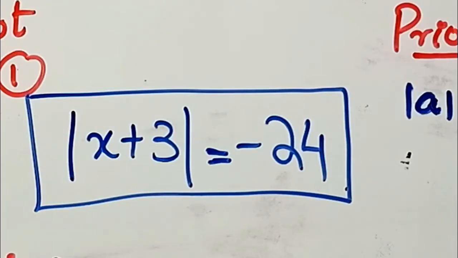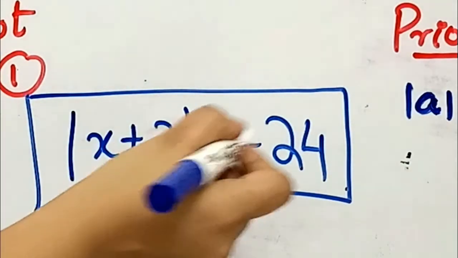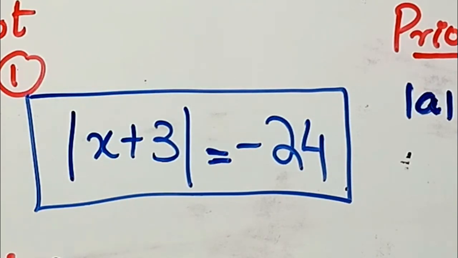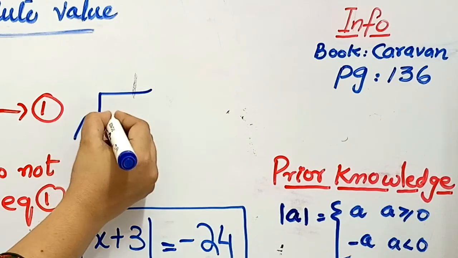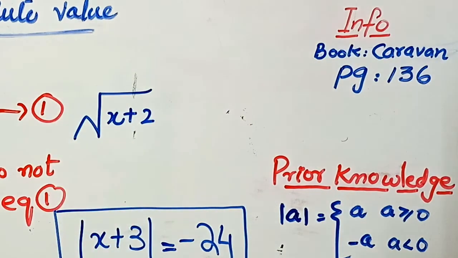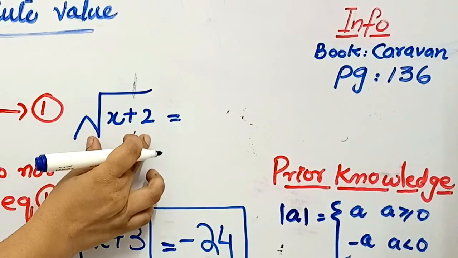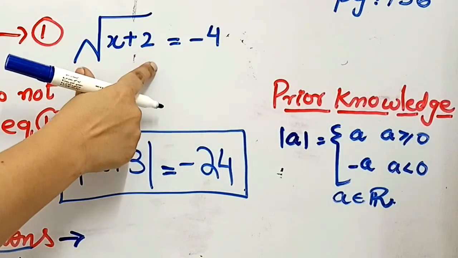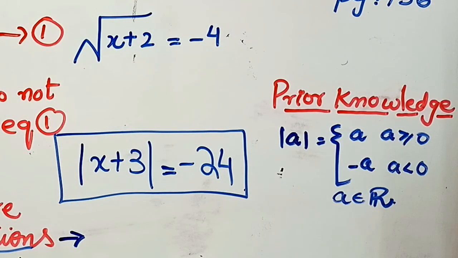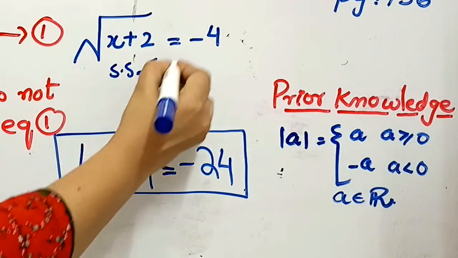Fine. I told you that whenever we were solving this, I highlighted modulus of x plus 3 is equal to minus 24, and that you need to remember this equation, because we will deduce a result from it. When we were discussing radical equations, I told you that if a radical expression, for example the radical of x plus 2, is equal to the negative of any number, for example minus 4, then you will have extraneous solutions and its solution set will be empty.